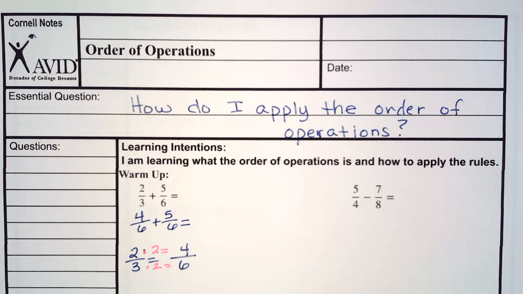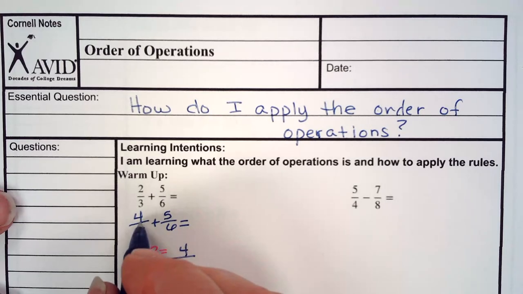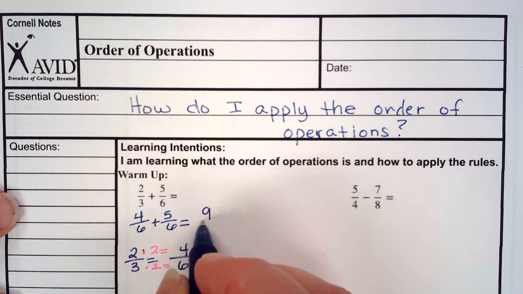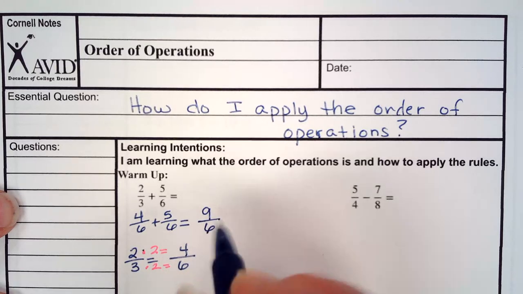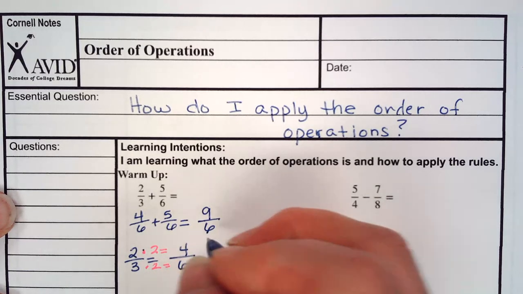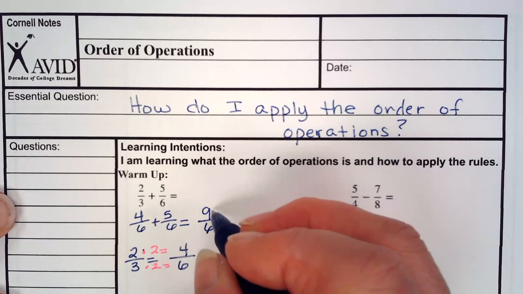Now, you've got that common denominator and you can combine the top numbers by addition. 4 plus 5 is 9. The 6 does not change. The 6 is the same. But now, can I simplify?